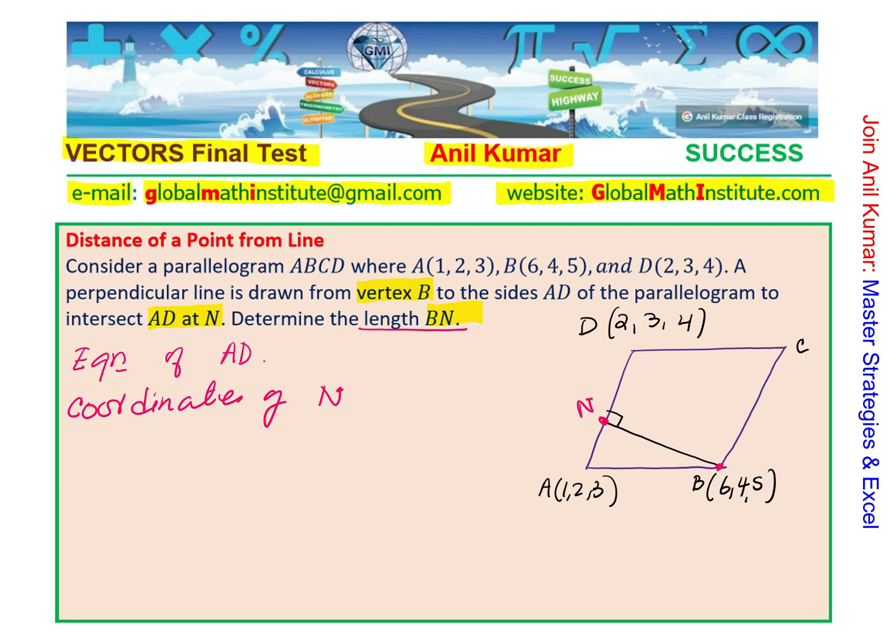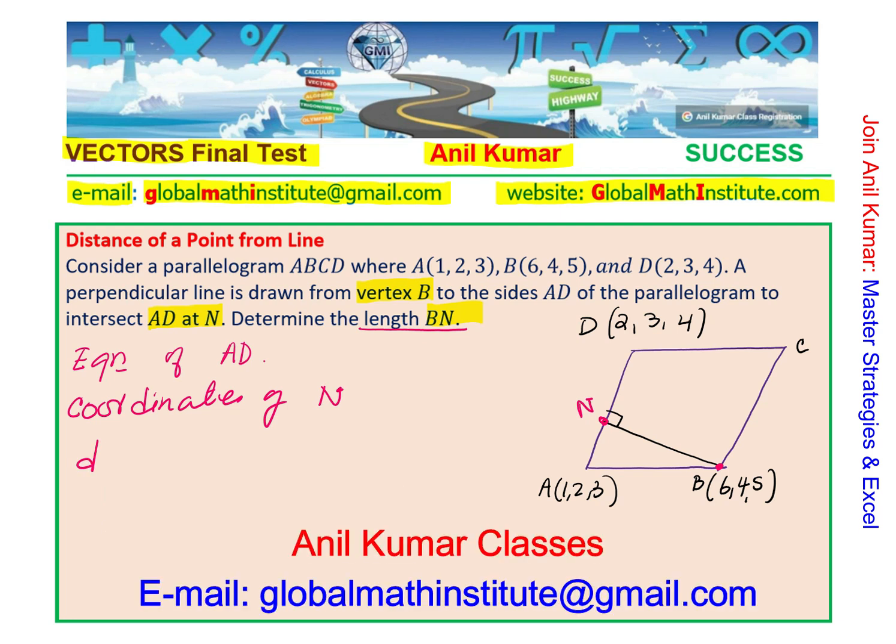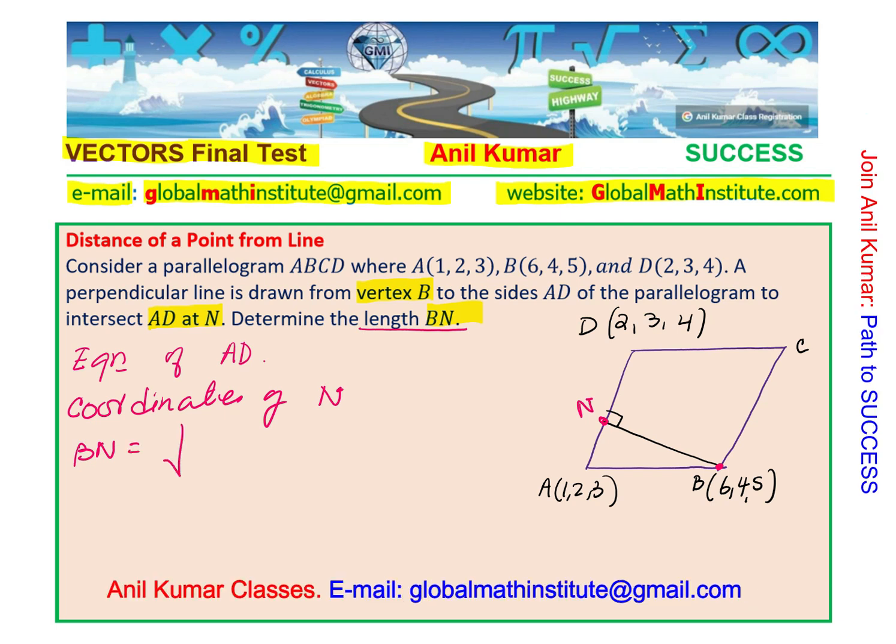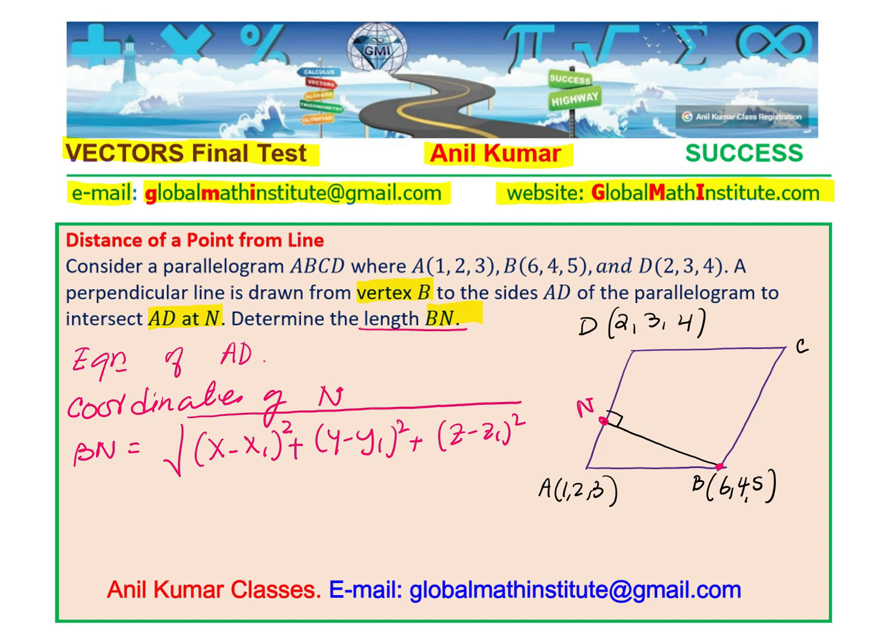Let me write BN, which is required, as the square root of, you can use this formula, right? But really speaking, the challenge is to find the coordinates of point N. So this is the challenge part in this particular question.